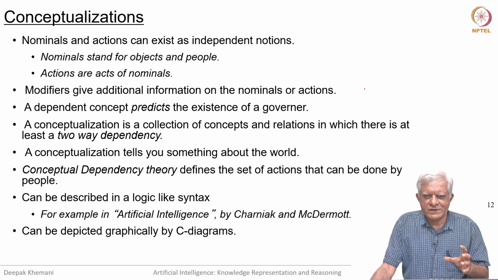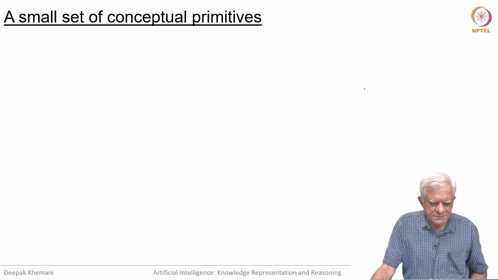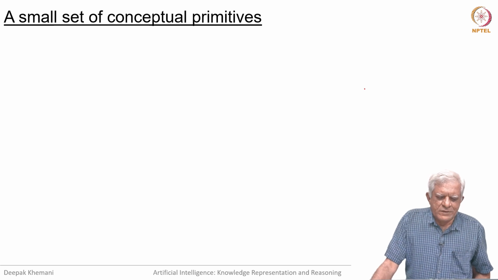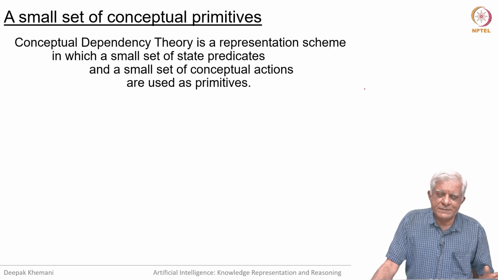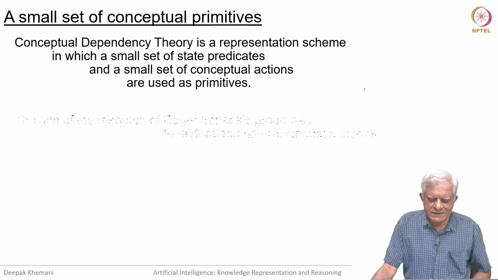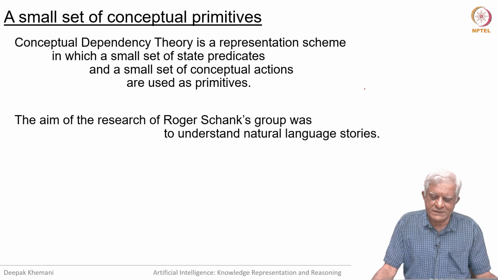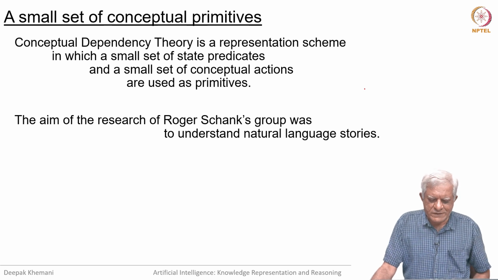As I said, what distinguishes conceptual dependency theory is the choice of predicates. So, a small set of conceptual primitives. Conceptual dependency theory is a representation scheme in which a small set of state predicates and a small set of conceptual actions are used as primitives, and everything else is described in terms of these. The aim of the research was understanding natural language stories.